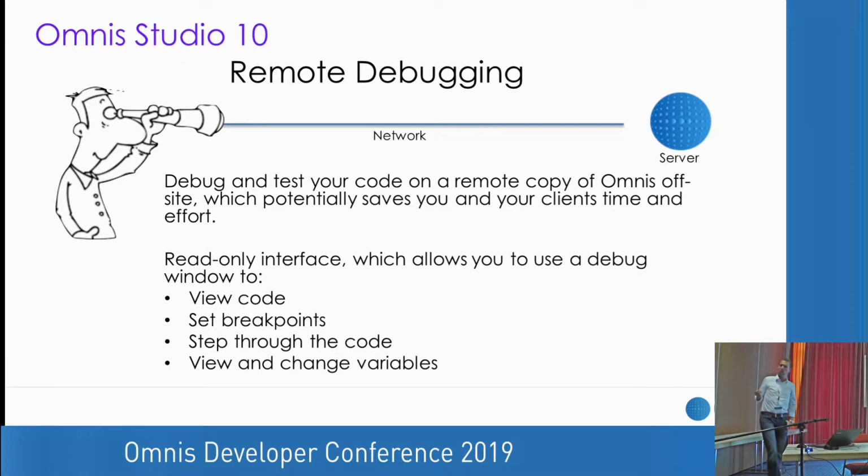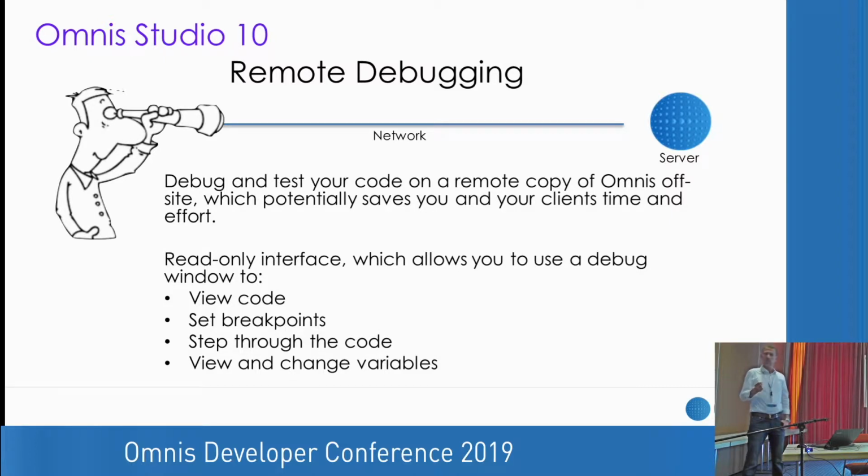You probably all know the situation where your customer calls in and says something doesn't work, and you now have the feature to use your Omnis development environment and remotely debug the application on the customer system, which can save you a lot of time. You don't have to drive to your customer, you don't have to install the Omnis environment there, and you don't have to call the support as well. So it also saves me probably some effort.